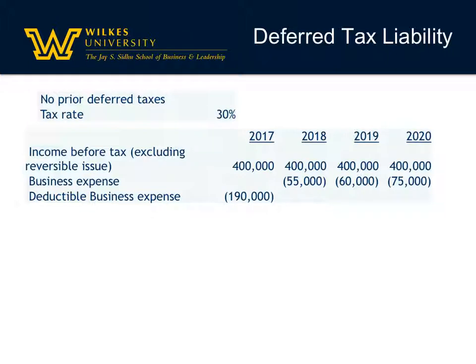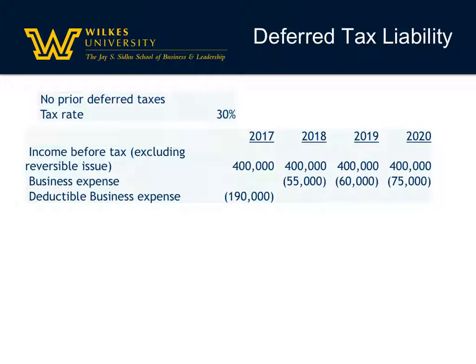What that's going to do is our book income is going to be higher than our taxable income. But we know it's going to catch up. So the tax on the higher book income, we know we're going to have to pay later. And the fact that we know we're going to pay something later is the liability that we have to record.